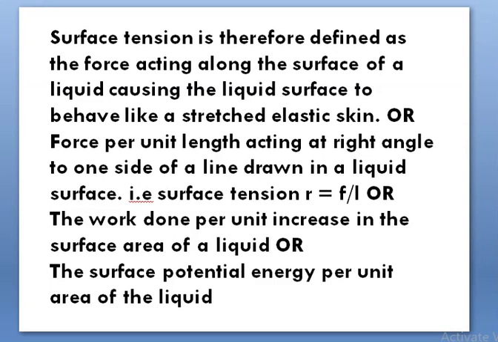Now, surface tension is defined as the force acting along the surface of a liquid, causing the liquid surface to behave like a stretched elastic skin, or to behave like a stretched membrane.